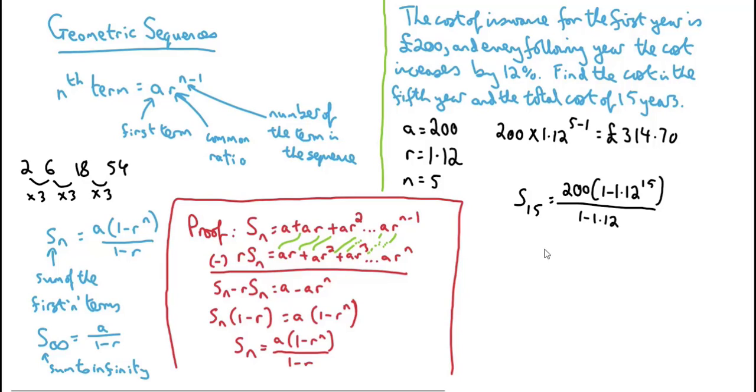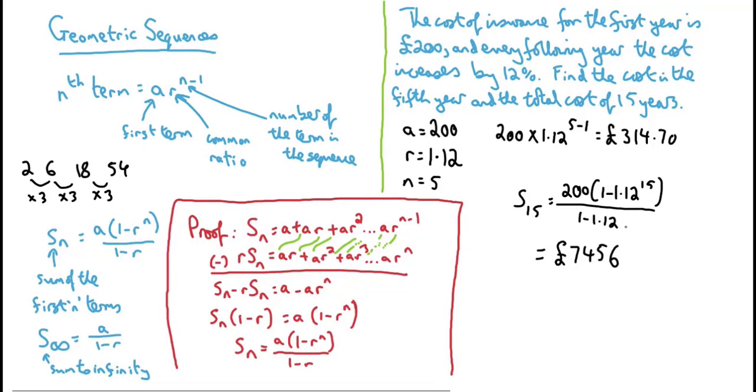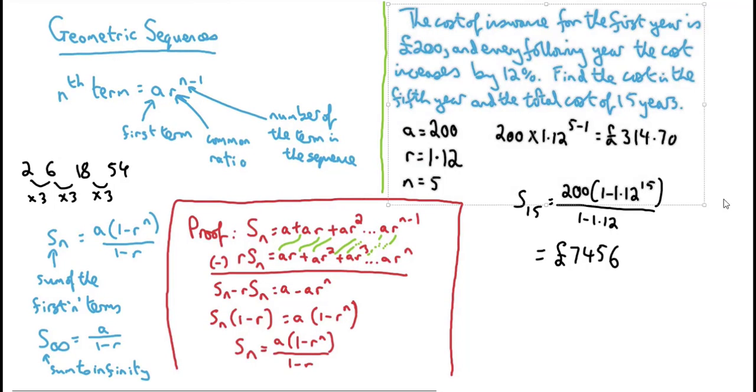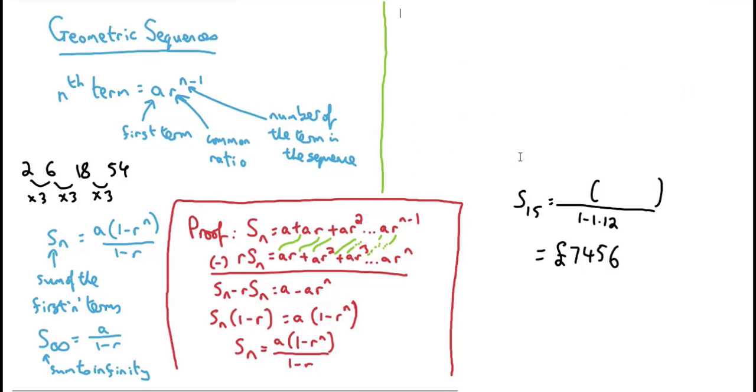Once again, you just plug that in your calculator, and that will get you a sum value of £7,456 if we were just to round to the nearest pound. If you were to do it to decimal places, you would do 2 decimal places because it's money.